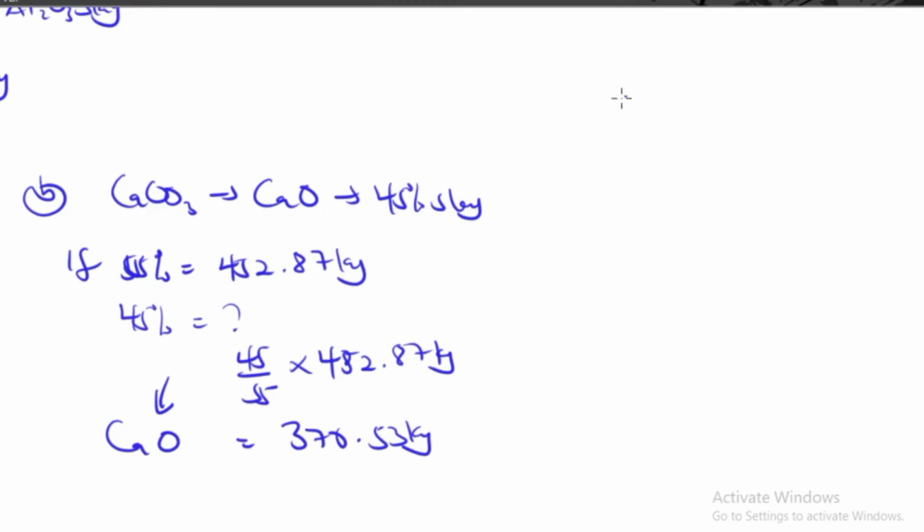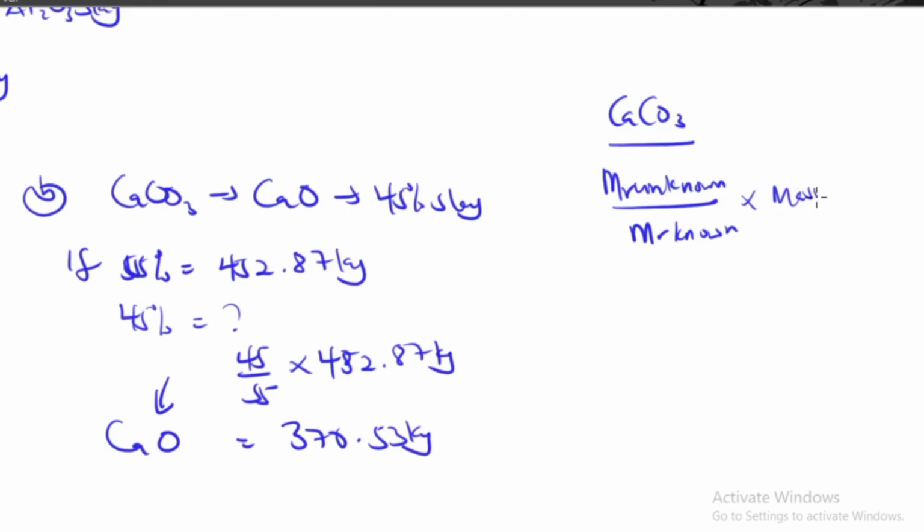For us to find the flux needed, which is calcium carbonate, we are going to do molar mass of unknown over molar mass of known times the mass of known. Here we are not using percentage, we are using the mass.